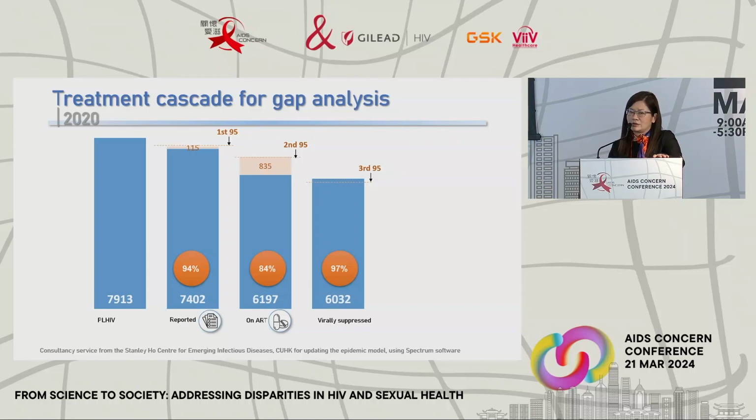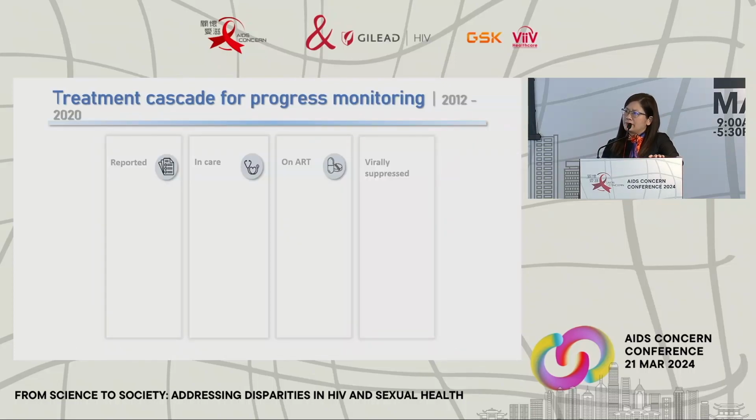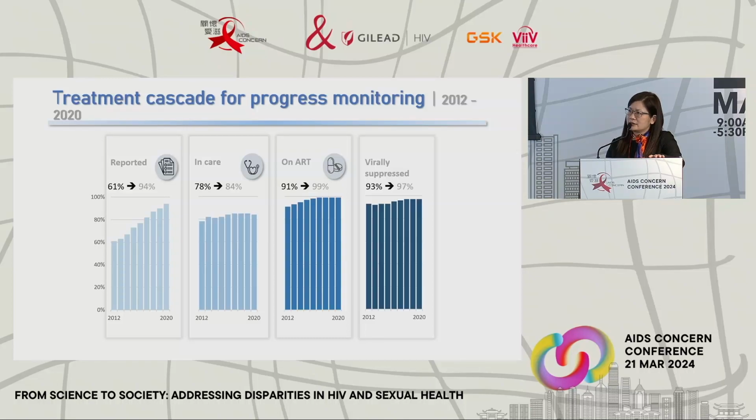That means among those diagnosed with HIV infection, only 84% of them are put on treatment. Since 2012, we have good progress in reporting and also ART, but little progress in care. So the linkage to care, we should do more.